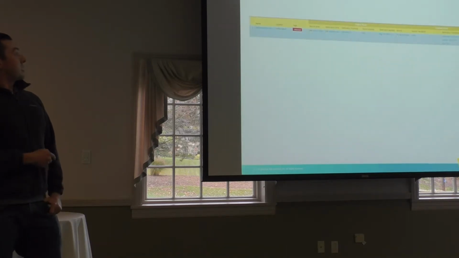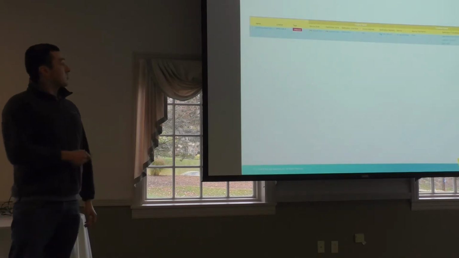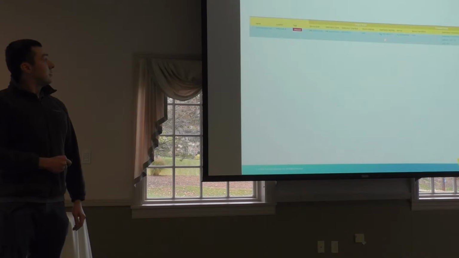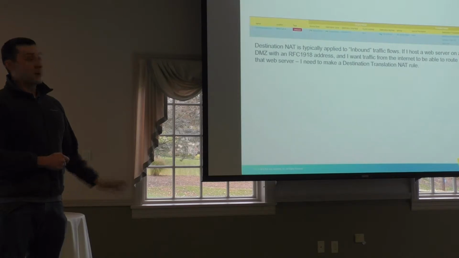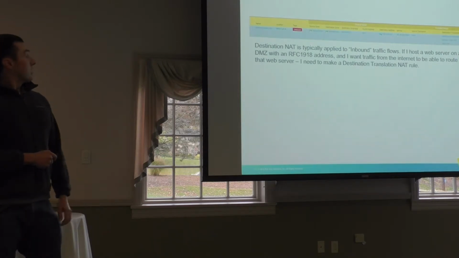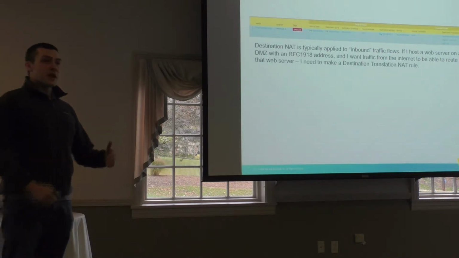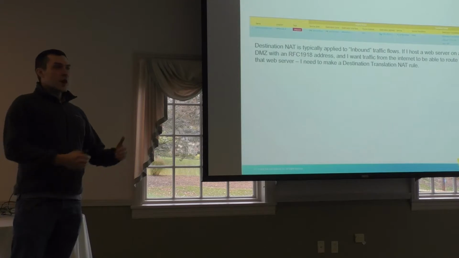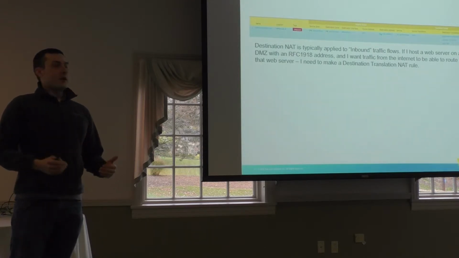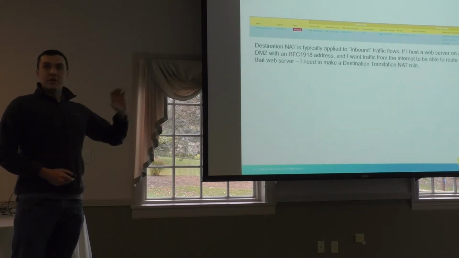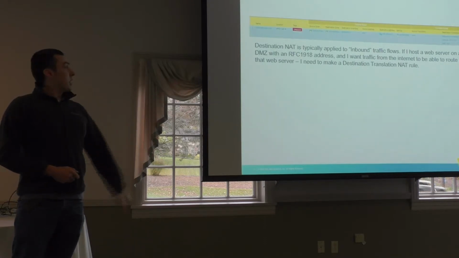Now, this is the anatomy of a destination NAT policy. Again, destination NAT refers to what gets translated. Notice it looks a little bit different. I know it's kind of hard to see on the screen, but the source zone is untrust internet, and the destination zone is also untrust internet. Every interface in PAN-OS has to be bound to a security zone. The outside interface, the one that faces the internet, I consider untrusted.